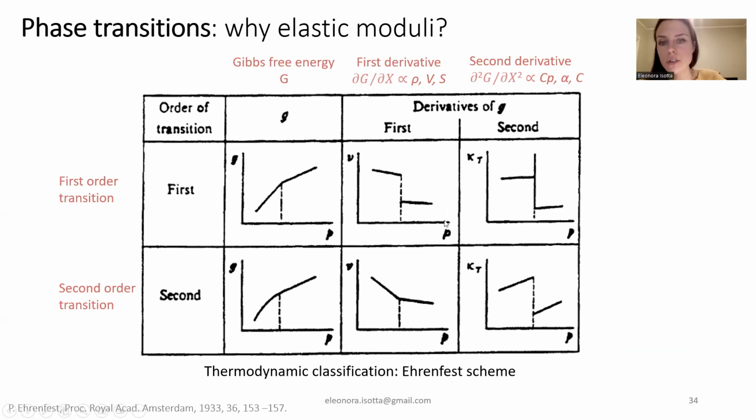So if we see a discontinuity in properties connected with the first derivative of Gibbs free energy, then we call that a first order phase transition. If we spot the discontinuity in properties connected with the second derivative of Gibbs free energy, then we call that a second order transition. So elastic moduli are relevant because they happen to be second order derivatives of Gibbs free energy, and this makes them particularly good in studying second order phase transitions.